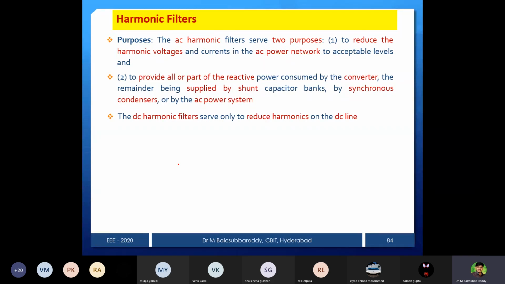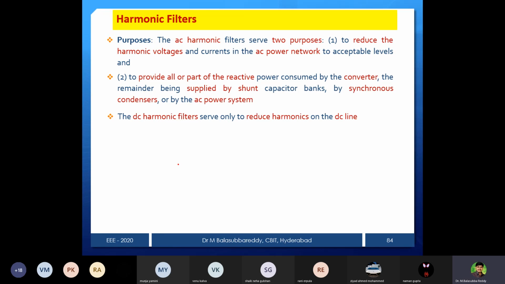An AC harmonic filter reduces the voltage and current harmonics, and also compensates some part of the reactive power on the AC side up to the allowable level. The rest of the compensation is done by shunt capacitors and synchronous condensers. In the DC filters, they are only used to reduce the harmonics.